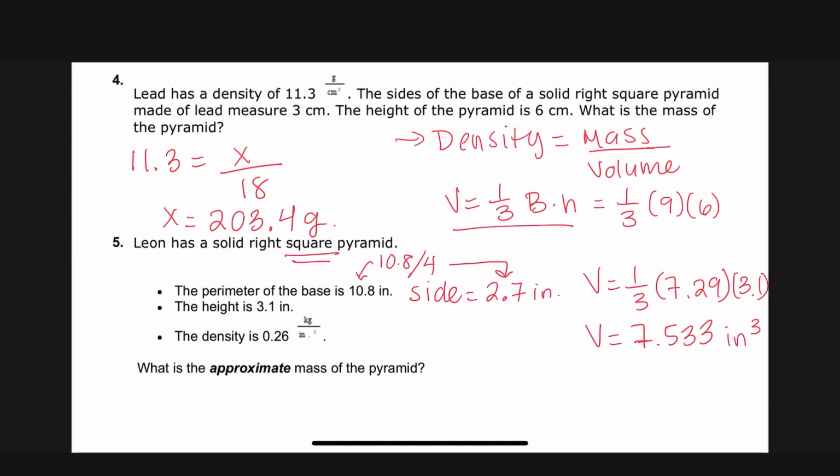So we have our density, which is 0.26 is equal to our mass, which we don't know, over 7.533. So if I multiply 0.26 by 7.533, I end up with 1.958.